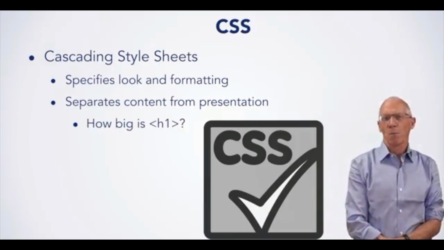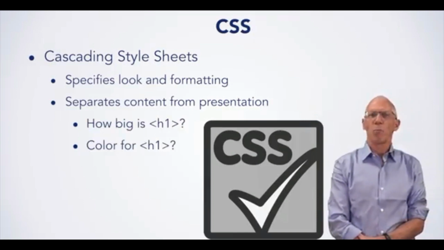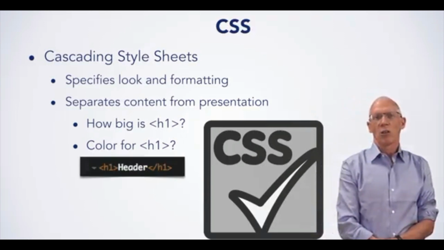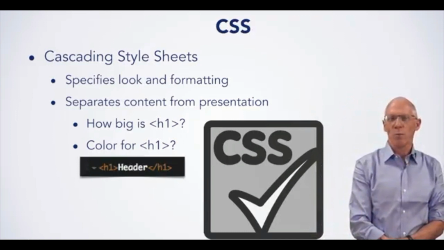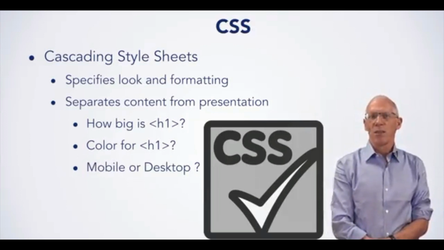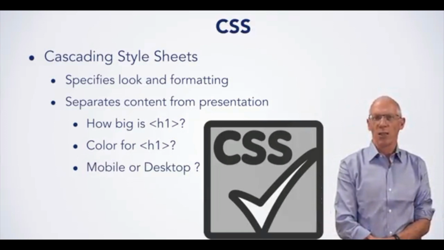For example, how big is an H1 header tag? What color should be used for the text in an H1 header tag? Should the color or size depend on the user and how the user is experiencing the web page? On whether the user is using a mobile device? These attributes of a tag can be specified and changed using CSS.